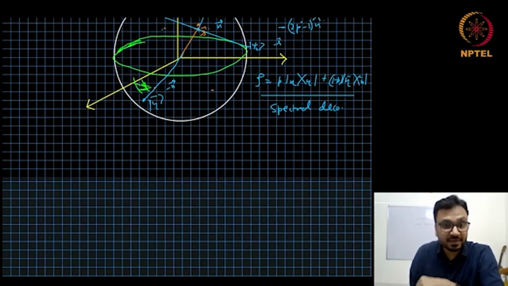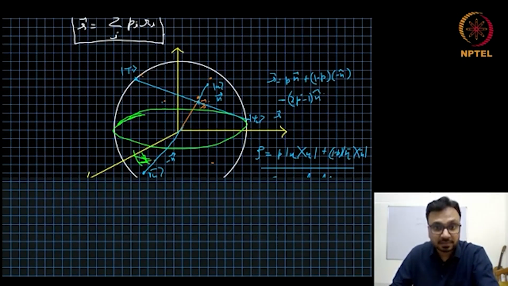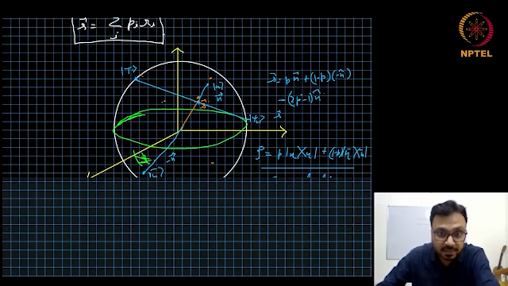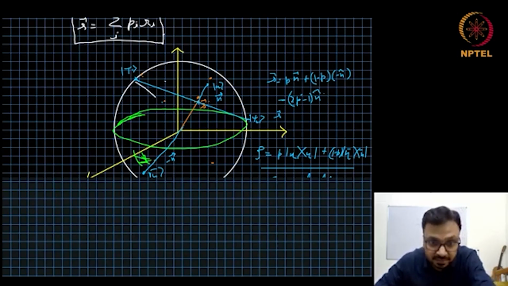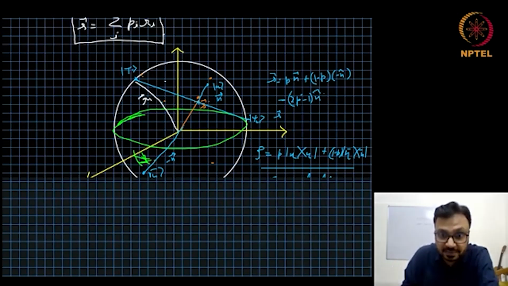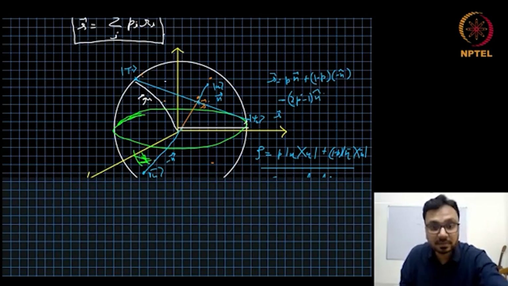But still, we can write the S vector. I'm running out of colors here. So this psi 1 I'm representing by the R1 Bloch vector, and psi 2 by the R2 Bloch vector.